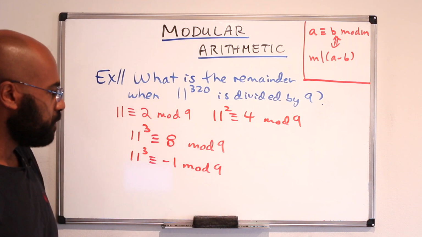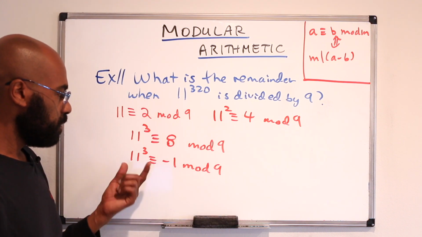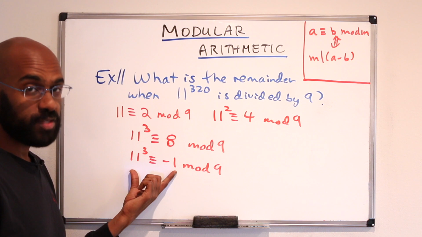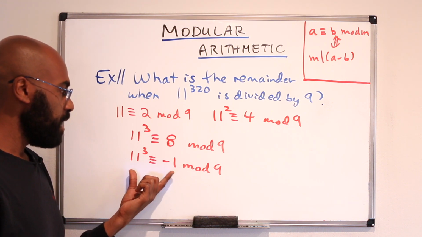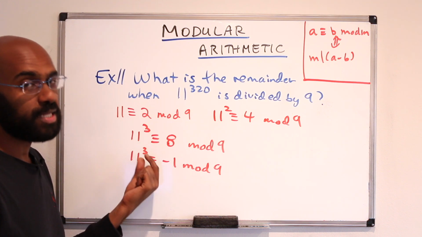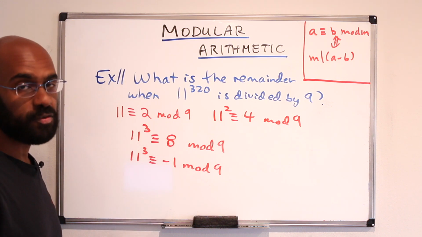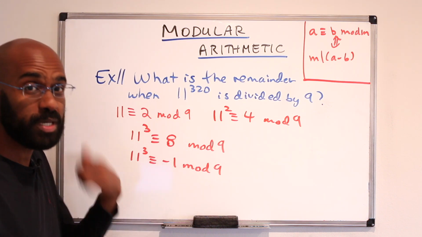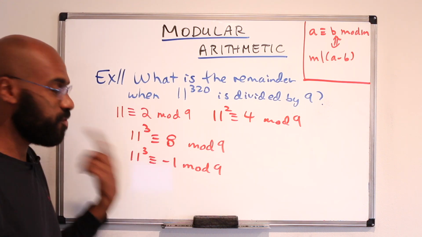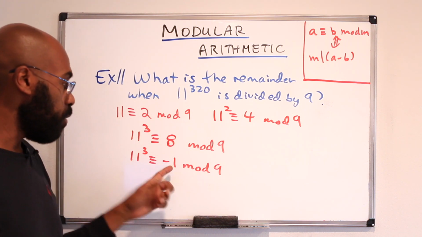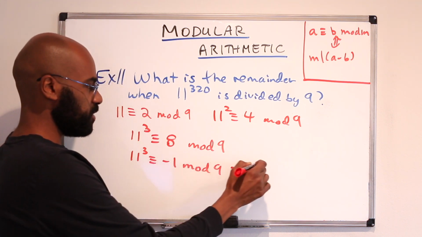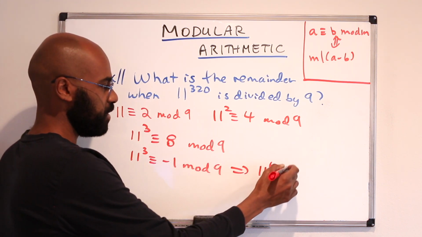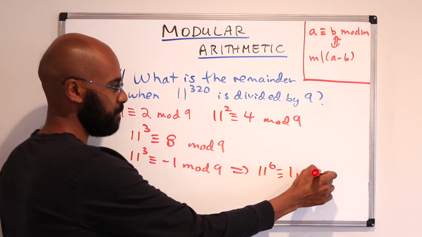Why is that helpful? Well, one thing is we can square both of these now by our fourth property that we proved and get a power of 11 that's 1 mod 9. And that's going to be useful for computations because we can keep cubing it, squaring it, taking different powers, and the 1 won't change. So in particular, if we squared both of these, we would get 11 to the 6 is congruent to 1 mod 9.